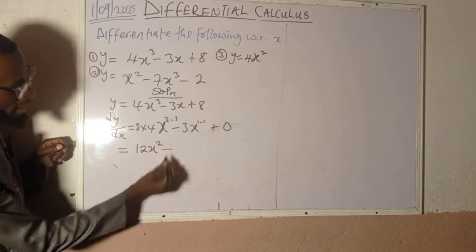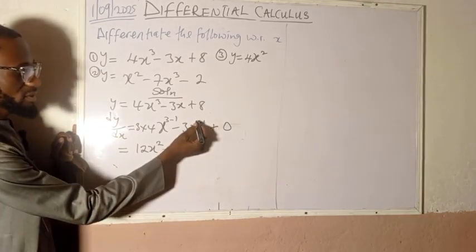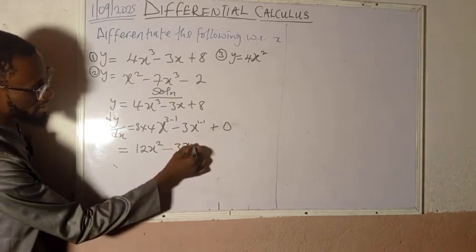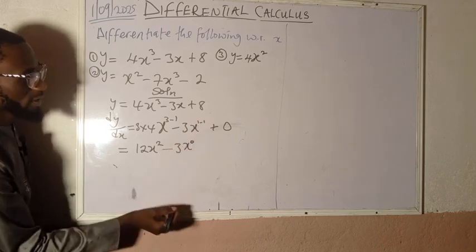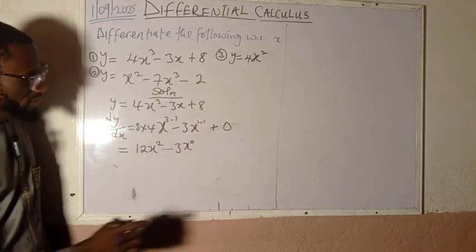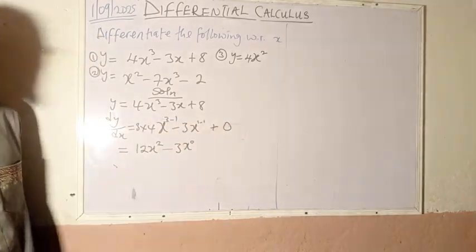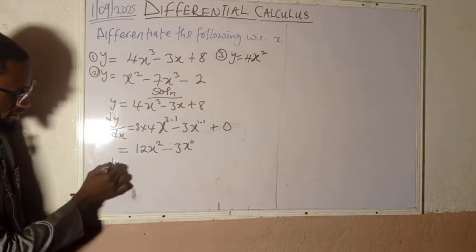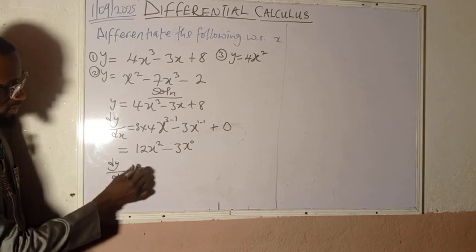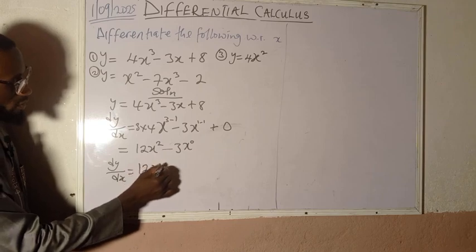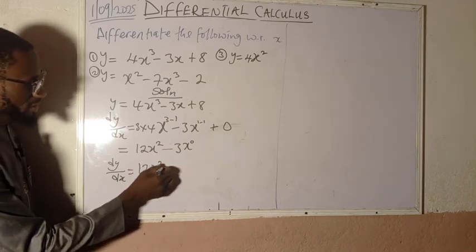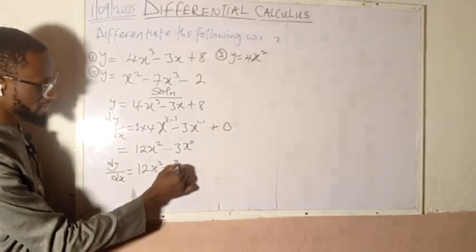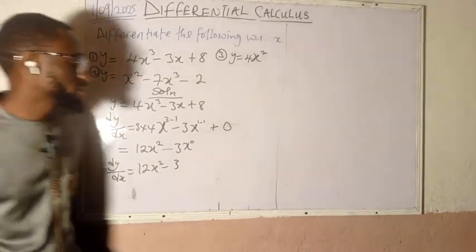Also here we have minus 3x raised to the power 0, because 1 minus 1 is 0, plus 0 for the constant term. Therefore dy over dx is equal to 12x squared minus 3 times x raised to the power 0, which is 3. That is the answer for this.